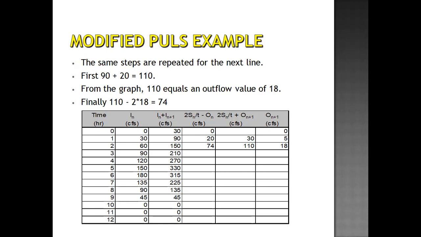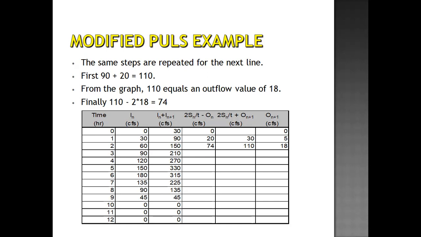At 0 hours: 0 and 30, 0, 0, 0. At 1 hour: 30, 90, 20, 30 and 5. Second hour: 60, 150, 74, 110 and 18. Third hour: 90 and 210. Fourth hour: 120 and 270.